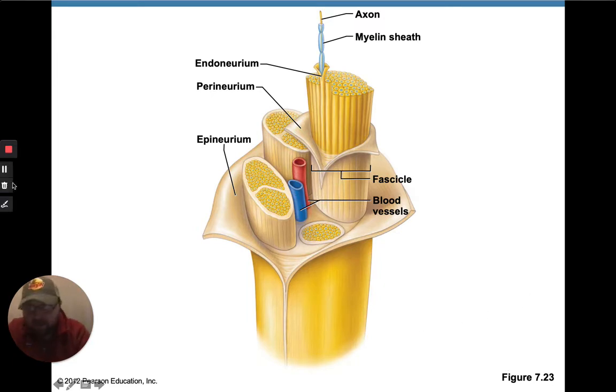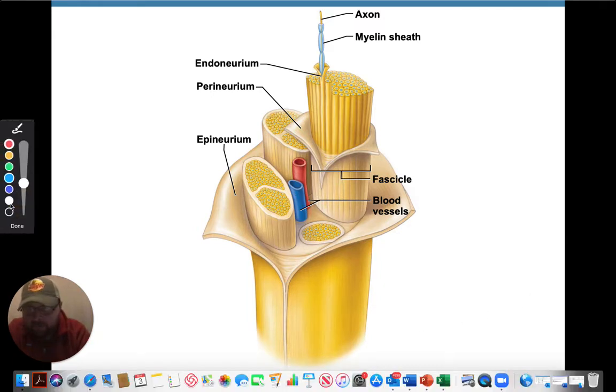So let me get a marker here. Let's see, let's go green today. All right, so up here, we have an axon. That's the neuron that we learned about before. We checked out a neuron, and we talked about how neurons work. And a minute ago, we were also talking about insulation.